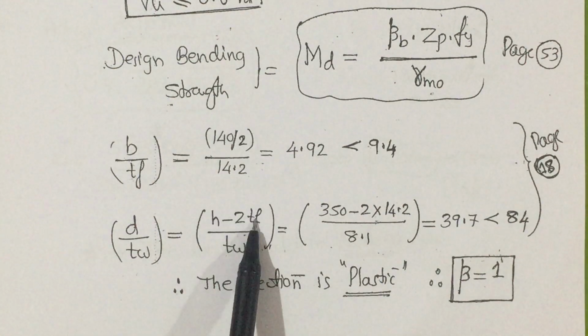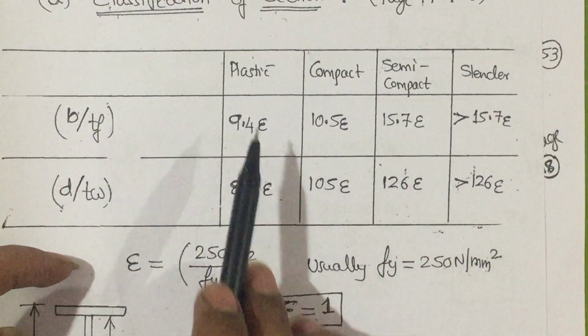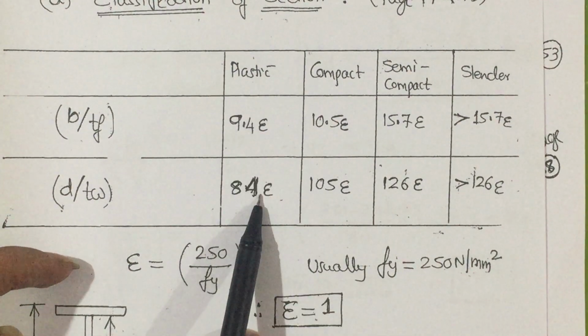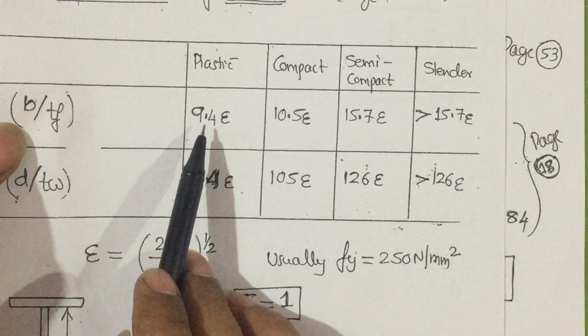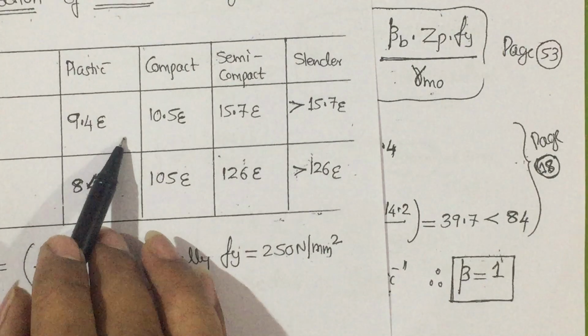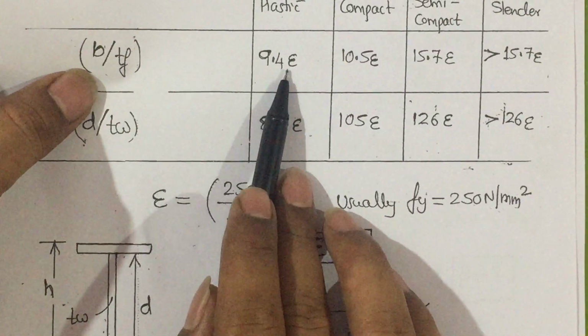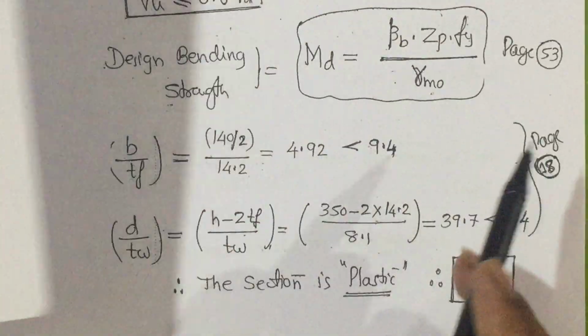Now, once you get these two values, according to these sections, you need to check from the starting. Now, b by tf, I will check with the starting epsilon value, which is 1. So, b by tf is less than 9.4 epsilon, epsilon is 1, so 9.4.